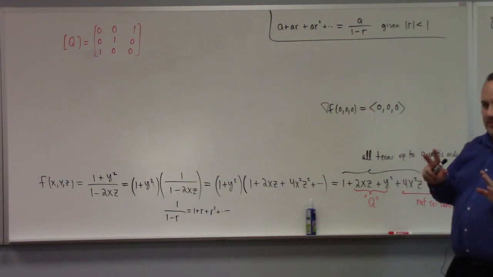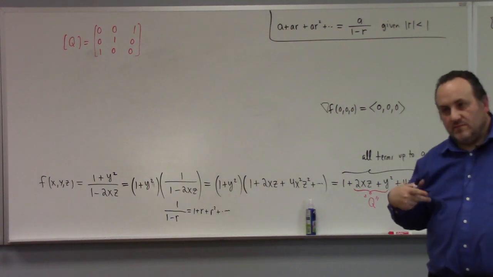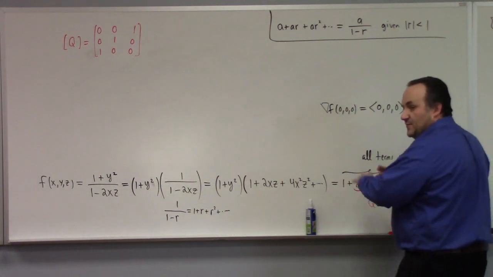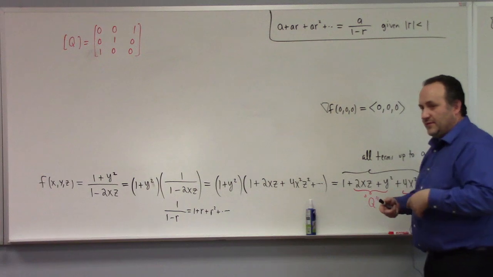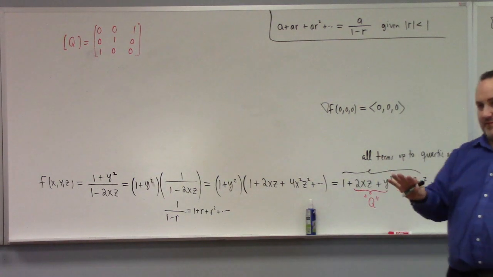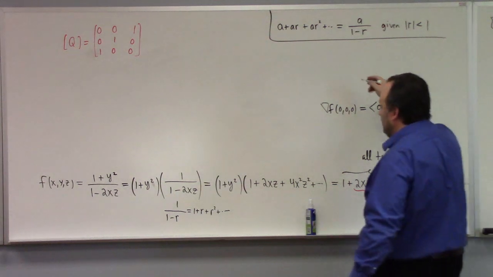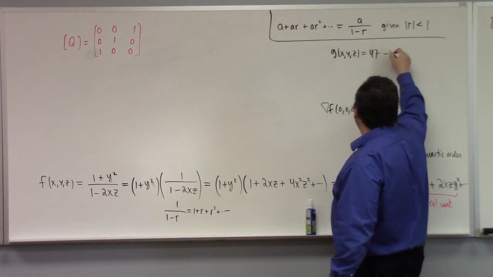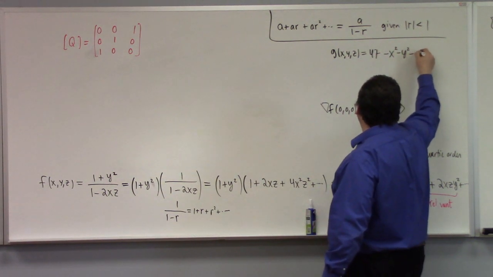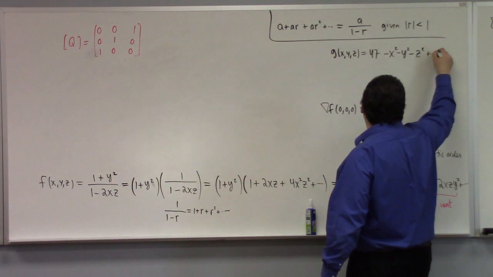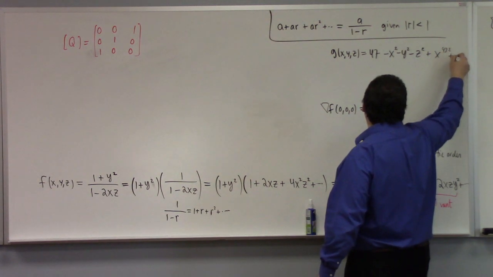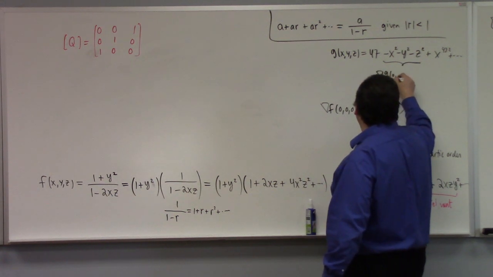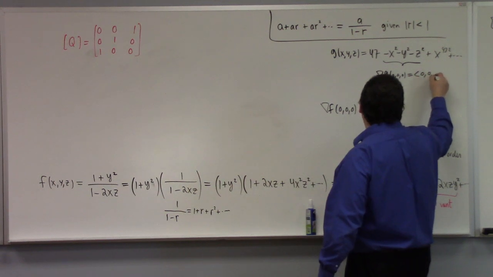So at this point, we need to find the eigenvalues of this. If this had been just sums or differences of squares, then we wouldn't need to do linear algebra at this point. We could just read from it what the story was, right? Hypothetically, if I had g of x, y, z equal to 47 minus x squared minus y squared minus z squared plus x to the 432nd plus dot, dot, dot, then I just look at this and go, oh, gradient of g at the origin is 0, right?